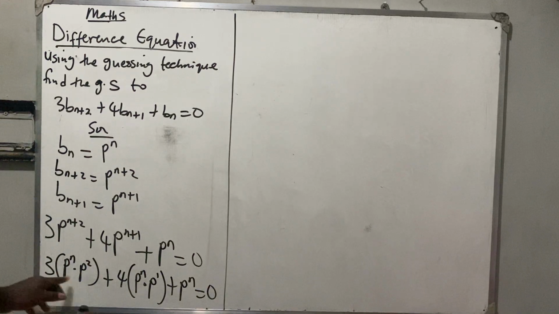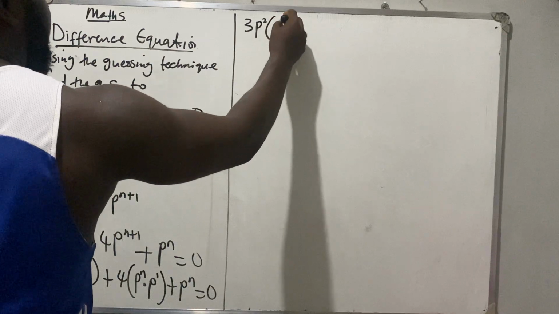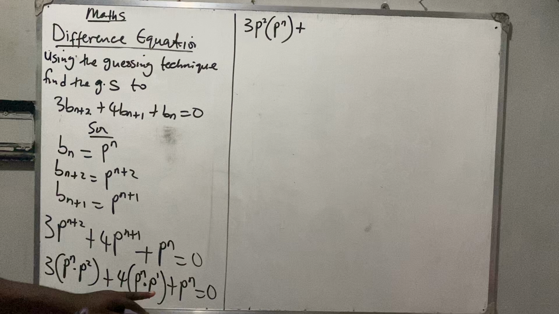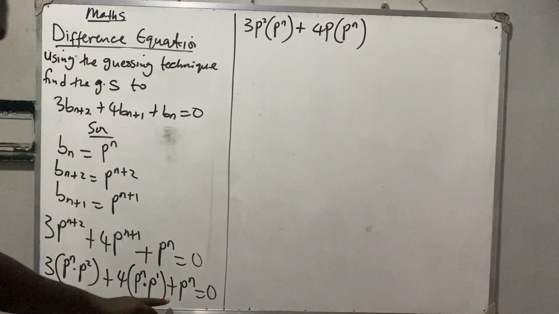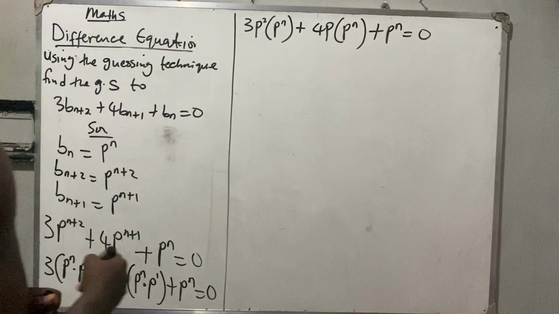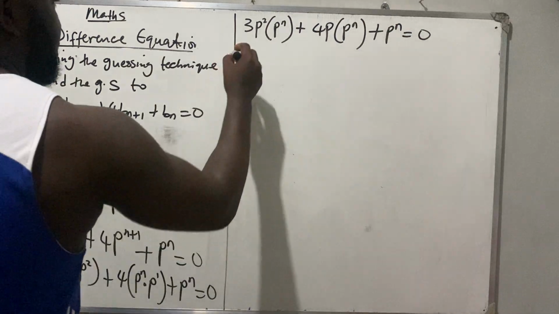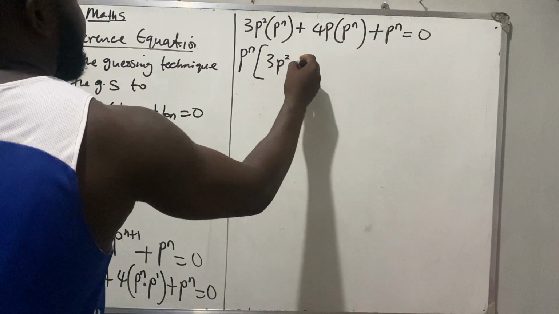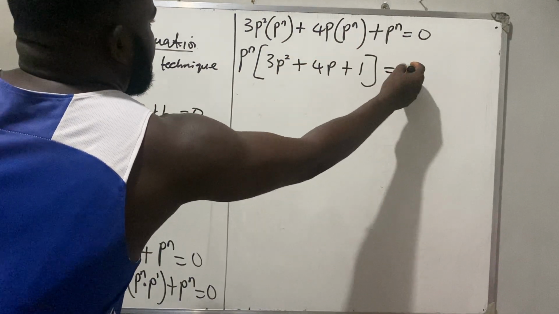So this will give us 3p^2 into p^n, then plus 4p times p^n, then plus p^n is equal to 0. Now if you look at it very well, you see that they have p^n in common. So I'm going to be having p^n times (3p^2 + 4p + 1) is equal to 0.